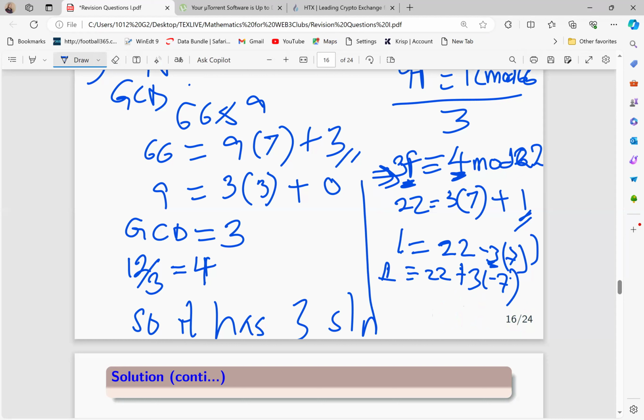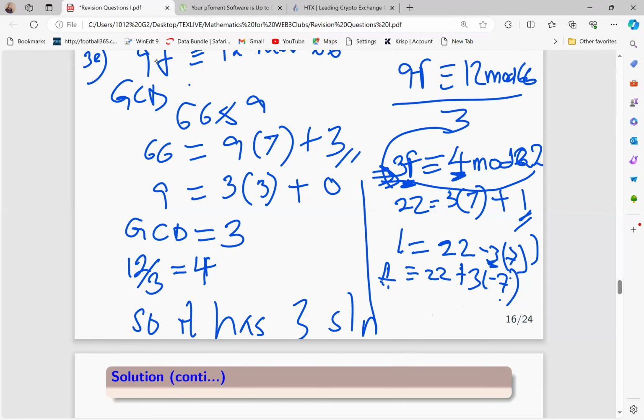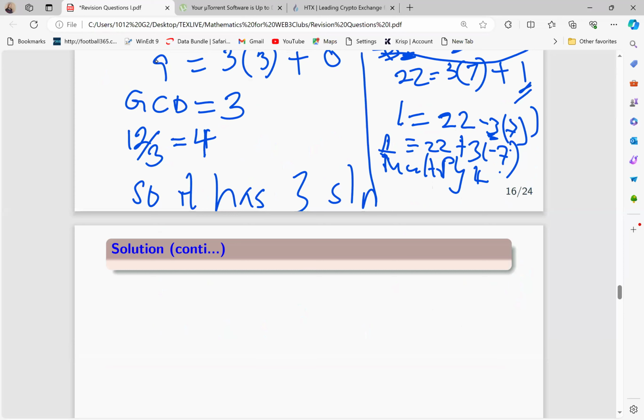What we want here is 4, not 1. So multiply this equation by 4. When you multiply by 4, what you get is 4 is equal to 4 multiplied by 22, then plus 3 multiplied by -7 times 4.